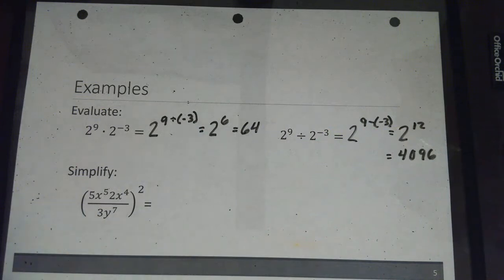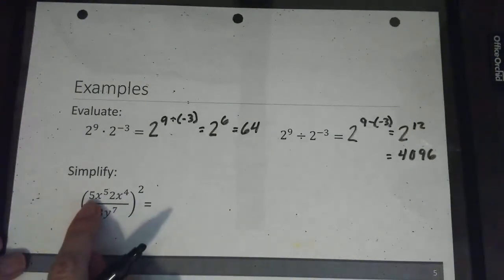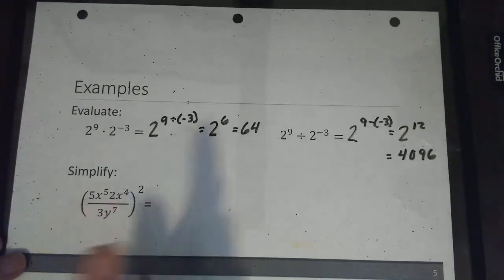Then we have this one that's a little bit more complicated. We're looking at 5x to the 5th, 2x to the 4th, over 3y to the 7th. I'm going to simplify this before I deal with the whole fraction being squared. That way I don't have to combine like terms later. So in my numerator, I have 5x to the 5th, 2x to the 4th.